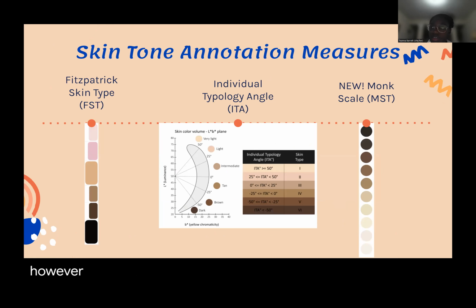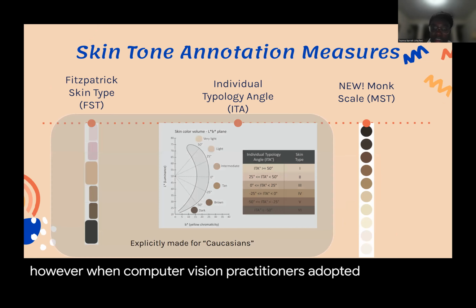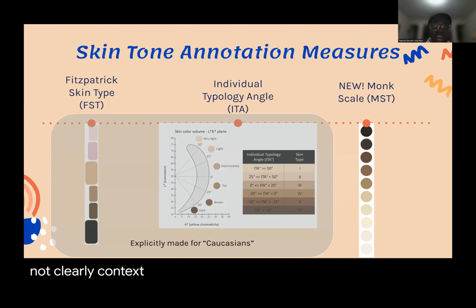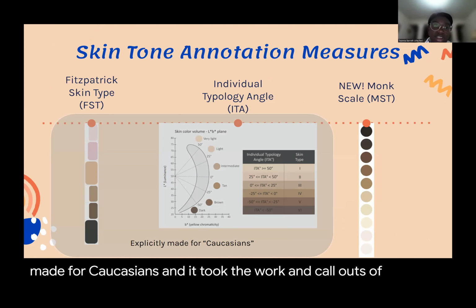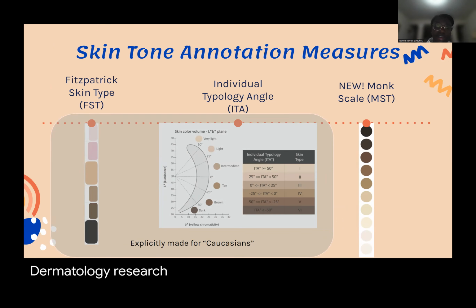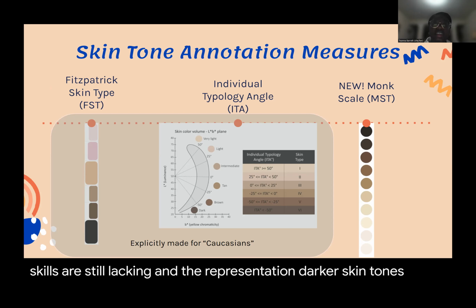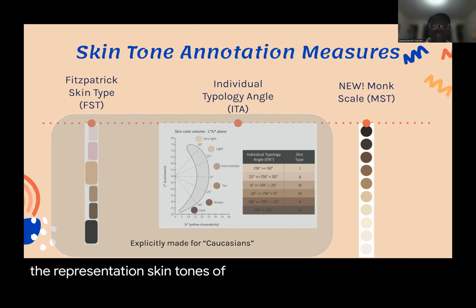However, when computer vision practitioners adopted them, they did not clearly contextualize that these scales were first made only for Caucasians, and it took the work and callouts of dermatology researchers for the scales to be expanded to what they are today. And even now, these scales are still lacking in the representation of darker skin tones and the representation of skin tones of people of Asian descent.